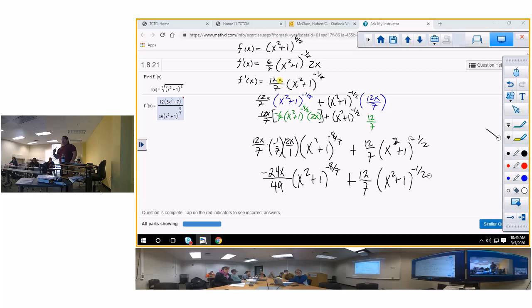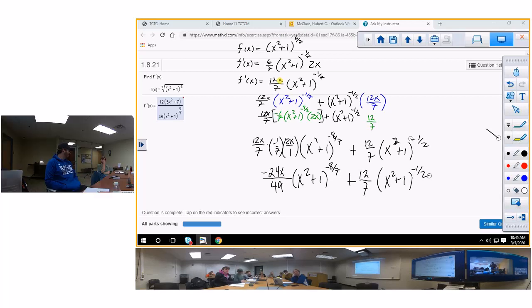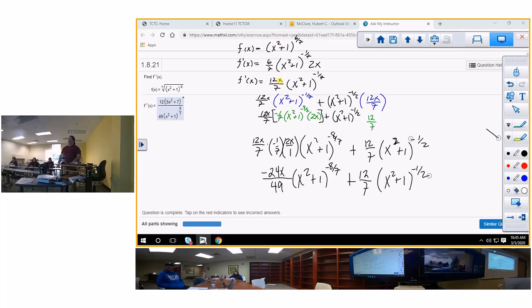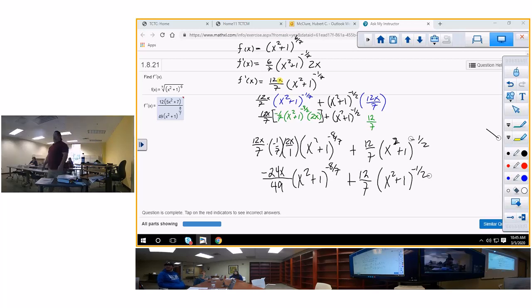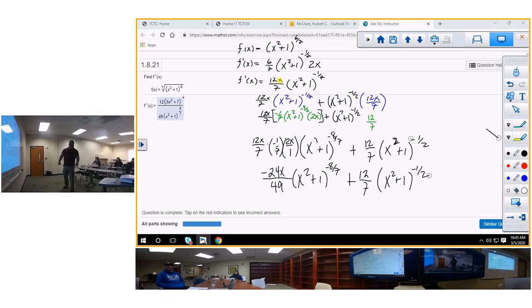Okay, you can get a common denominator of 49. I'm still trying to figure out how they got that 5x squared plus 7. I'm gonna check this one out because I'm not saying I'm right. I just don't understand where they got that 5x squared plus 7. Does anybody see where they got that?